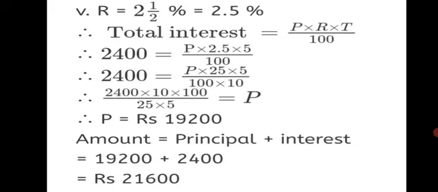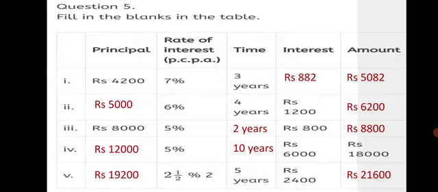So this way we have completed question 5, where we have found the principal and the amount. So let's write principal is equal to rupees 19,200, amount is equal to rupees 21,600. So this way we have completed question number 5 as well as practice set 41.